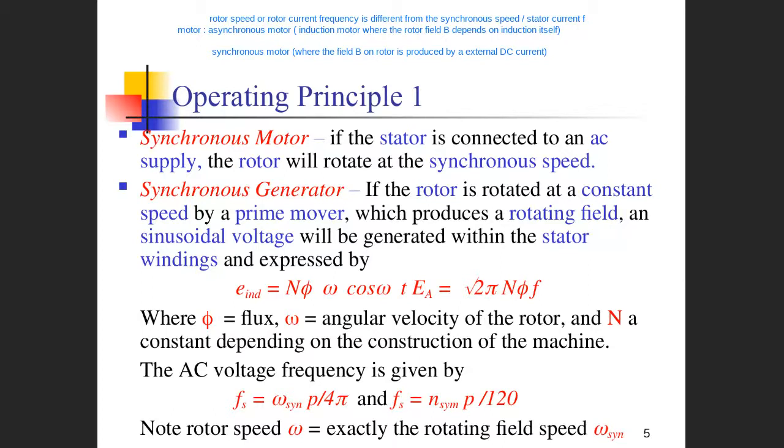And for the synchronous motor, the magnetic field on the rotor is produced by an additional DC current, or external DC current. As a result, the rotor speed is exactly the same as the stator current frequency.